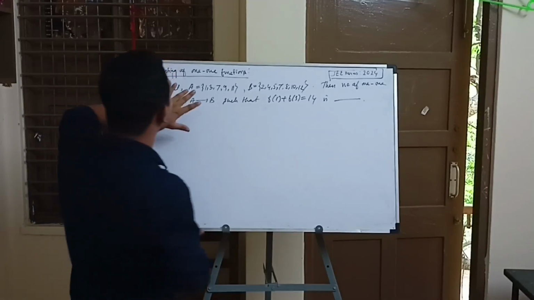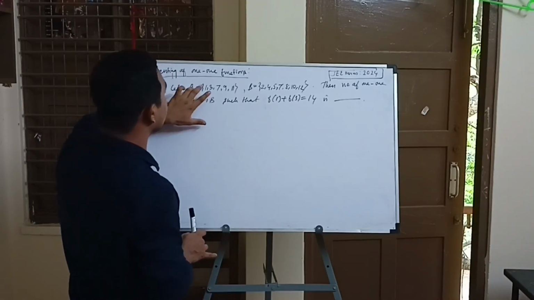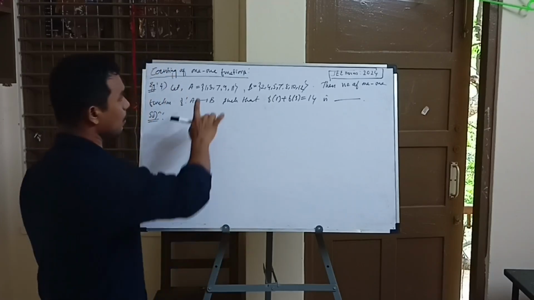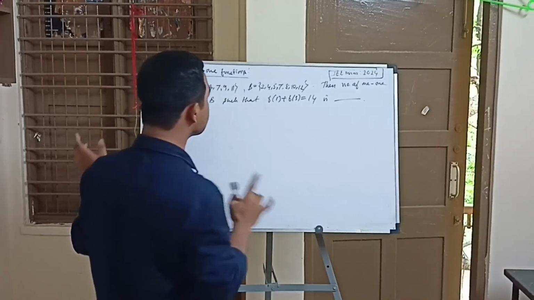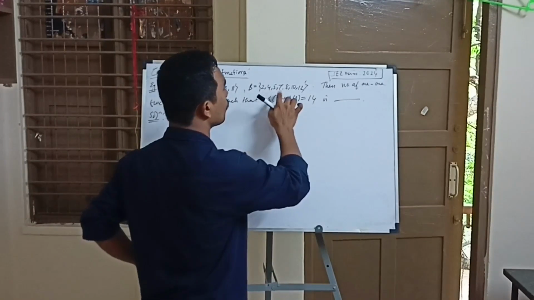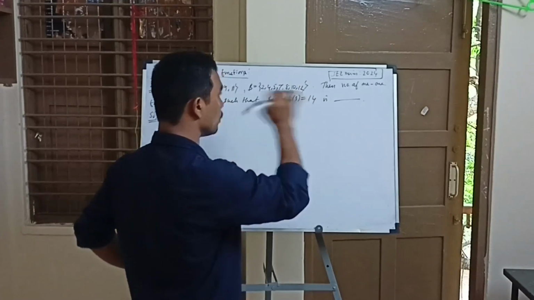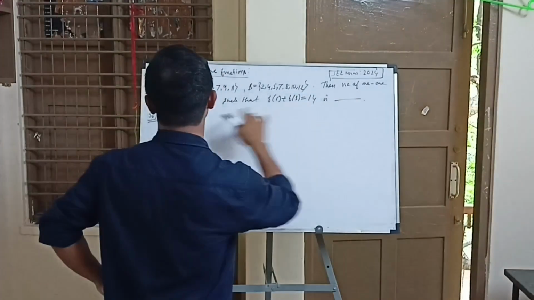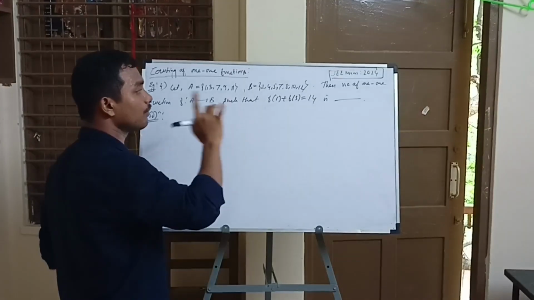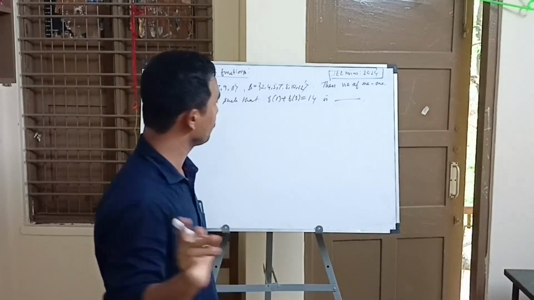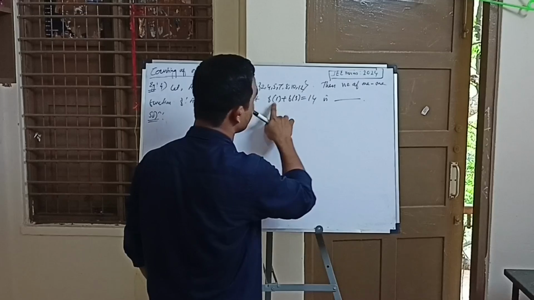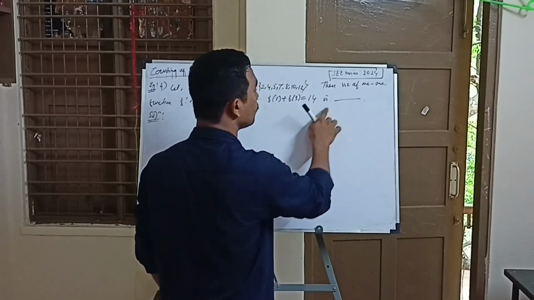This question was asked in 2024 in JEE Mains. A is a set having 5 elements: 1, 3, 7, 9 and 11, and B is a set having 7 elements: 2, 4, 5, 7, 8, 10, 12. Then the number of 1-1 functions from A to B such that f of 1 plus f of 3 equals 14. The image of 1 plus the image of 3 should be 14.